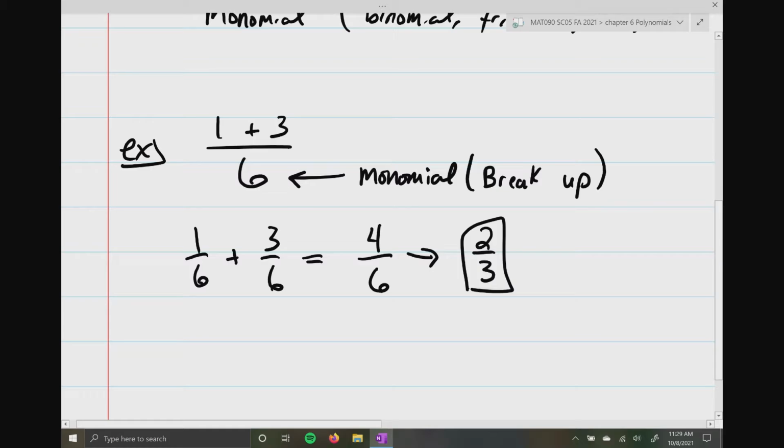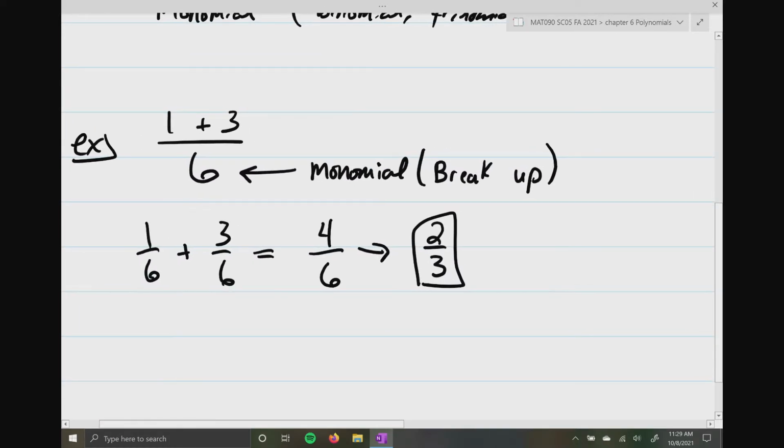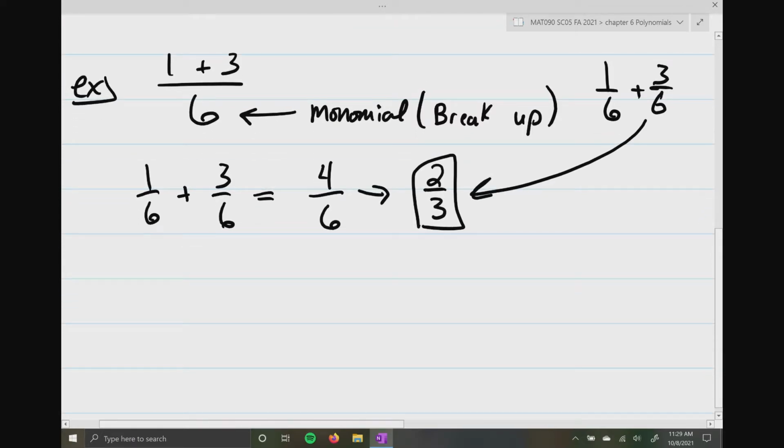In other words, we can rewrite 1 plus 3 in the numerator over 6 as 1/6 plus 3/6, and then we would go ahead and do our math. All of us in this room, we've all seen this problem before, especially previously from walking into MAT090. We're going to apply the same technique to a more complicated problem like this.